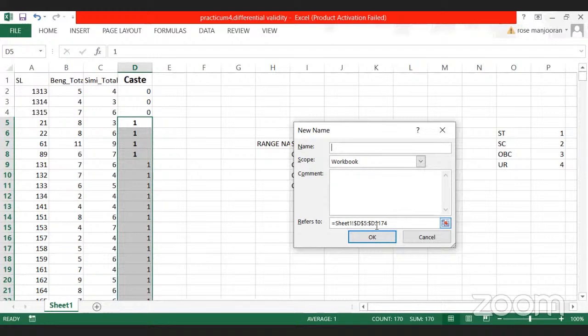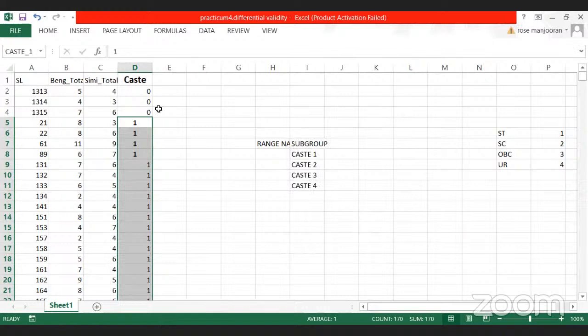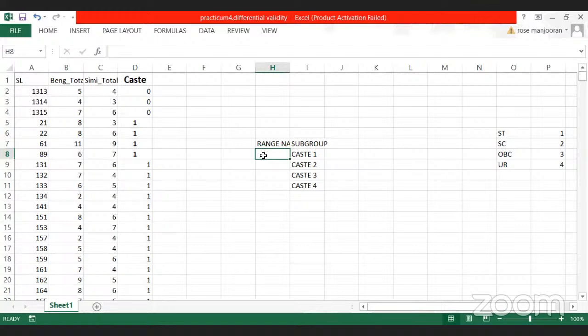That is D5 to D174. Then we are writing the name, that is caste underscore 1. Okay. So what will happen is, here we can see caste 1. See, this is the range. So we have to write its range, then we can easily find it there.